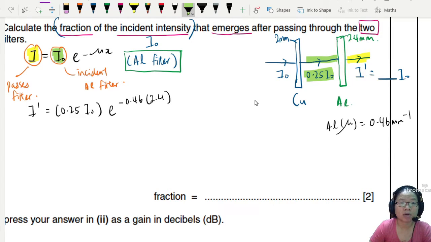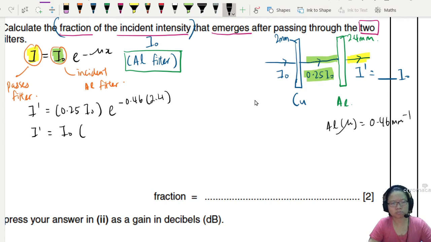We can now press the calculator and we just want a fraction, so I think we have our answer already. I prime is equal to, I'm just going to press my calculator, 0.25 times exponent e to the power of negative 0.46 multiplied by 2.4.